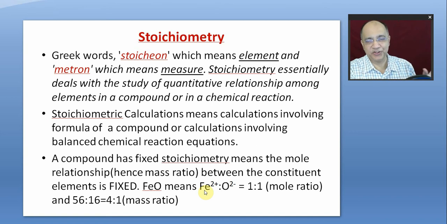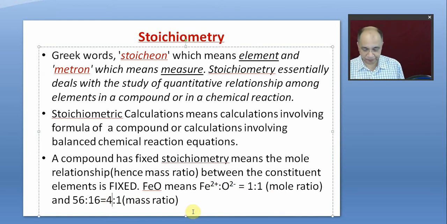That means the balanced equation has to be taken into account to predict how many moles of the reactant or what mass of the reactant produces how many moles of the products or what mass of the product.